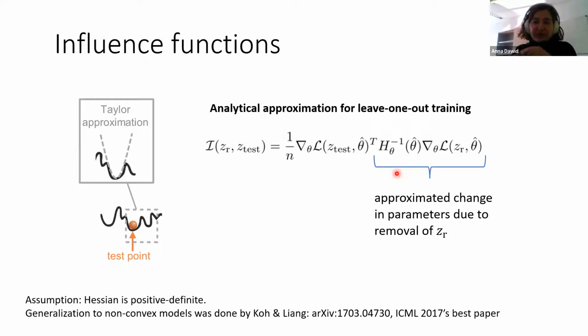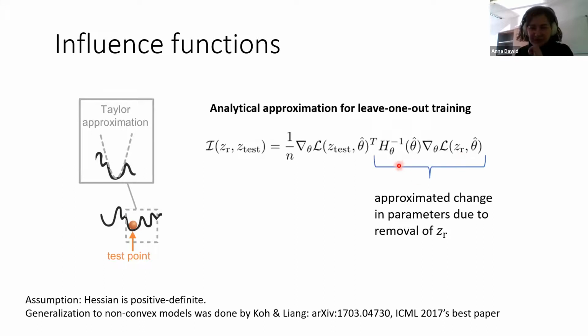You can approximate it by analyzing the curvature around your minimum and calculating basically a Newton step towards the new minimum: the inverse of the Hessian calculated at the minimum multiplied by the gradient of the training loss for the single removed point. This gives us the approximated change in parameters due to removal of the single training point.